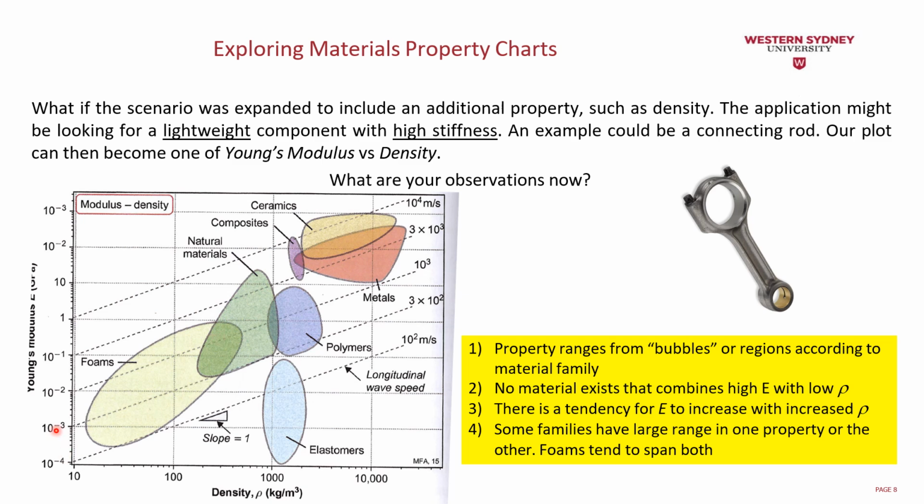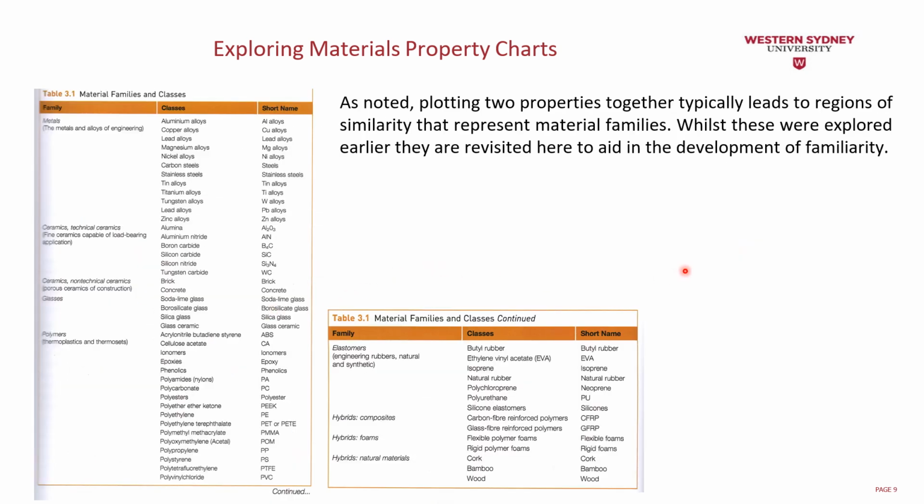Foams tend to span both the density and the Young's modulus. The composite, for example, has a very low range in the case of the density, but an acceptable range in the case of the Young's modulus.